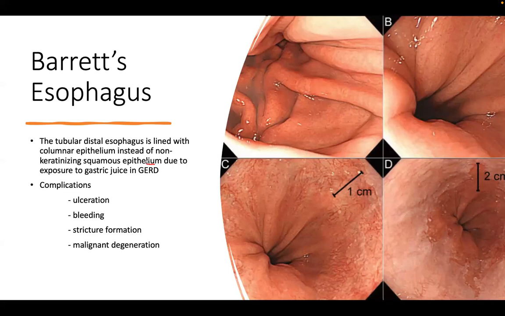It is GERD, gastroesophageal reflux disease. Now, what is the cellular response to injury? Pathology. What is the specific cellular response to injury in Barrett's esophagus? Ano yung cellular response to injury? It is metaplasia. Tamang-tama si intestinal metaplasia.